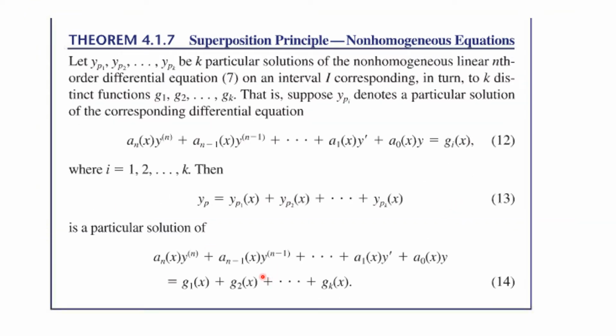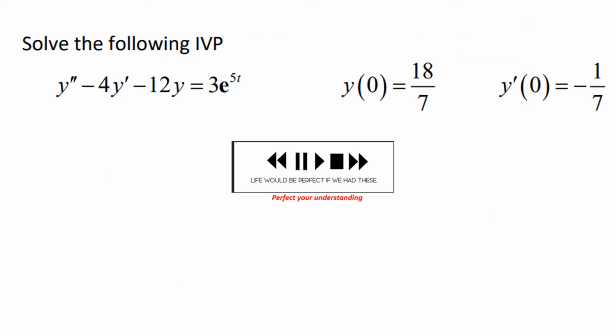Moreover, if the right-hand side of the non-homogeneous equation is the sum of different g sub k's, then all I have to do is add the particular solutions for each of the g sub k's together, and I have a solution to this one. We have another superposition principle that holds for non-homogeneous equations.